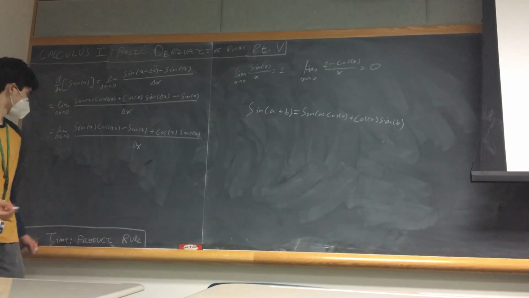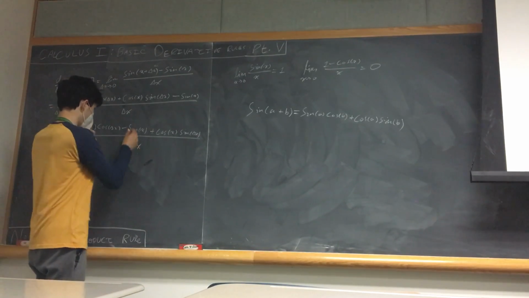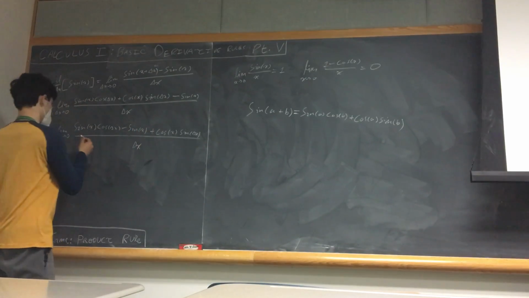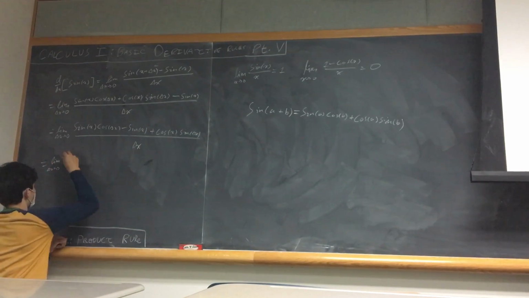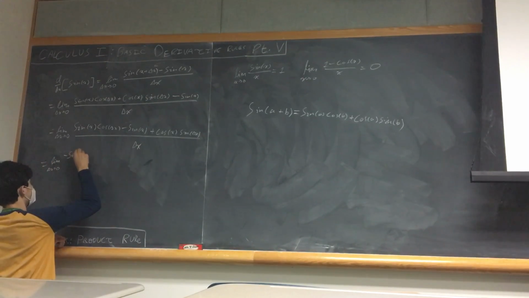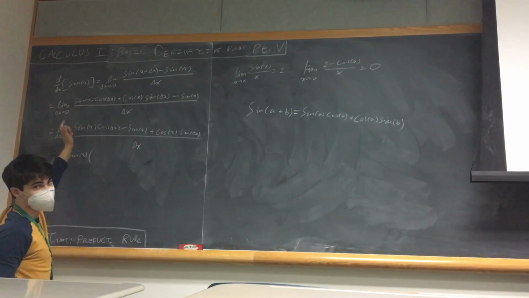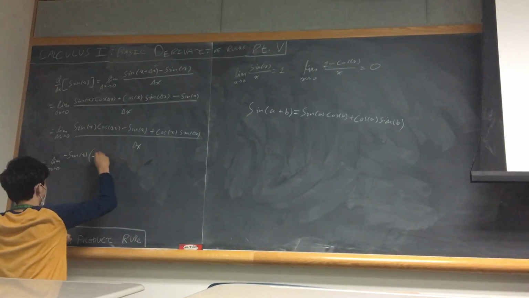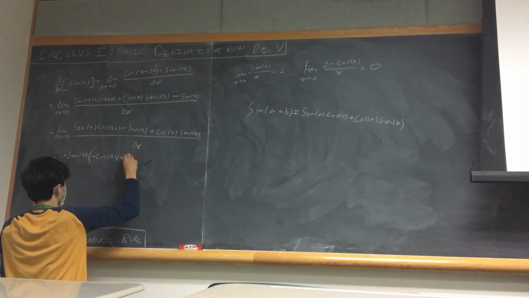So now I'm going to factor a negative sign out to the front. This gives us that this is equal to the limit as delta x approaches 0 of negative sine of x. When we factor out a negative sine of x, this term becomes negative cosine of delta x, and this term becomes positive 1.